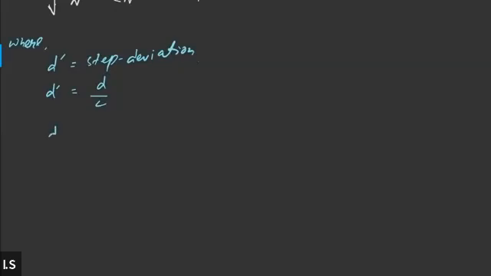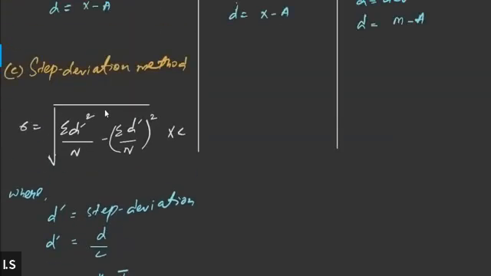Now we already know how to calculate d. In case of the shortcut method, we don't have to calculate the mean. So deviation is calculated by subtracting the assumed mean from the item, and after deviation is calculated, we will divide it by the common factor. So c means common factor.